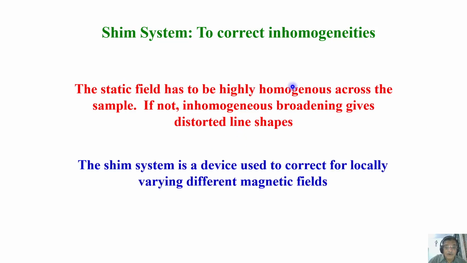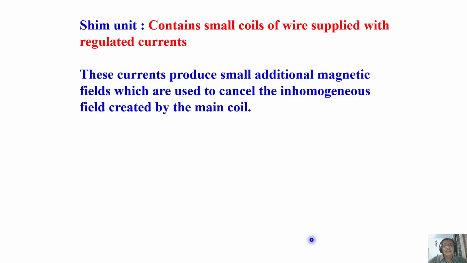What will you do for that? We have what are called shim systems. Inside the magnet, at the outer chamber, you have what is called a shim system. It's a device used to correct locally varying fields. Locally, there will be inhomogeneities in the field, and we can correct that. And what is the shim unit? It is nothing but a set of small coils of wire which is supplied with regulated currents.